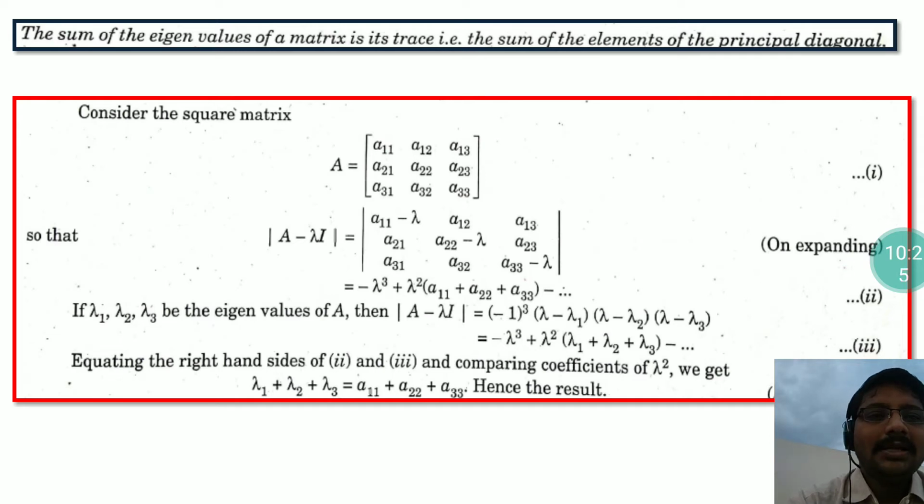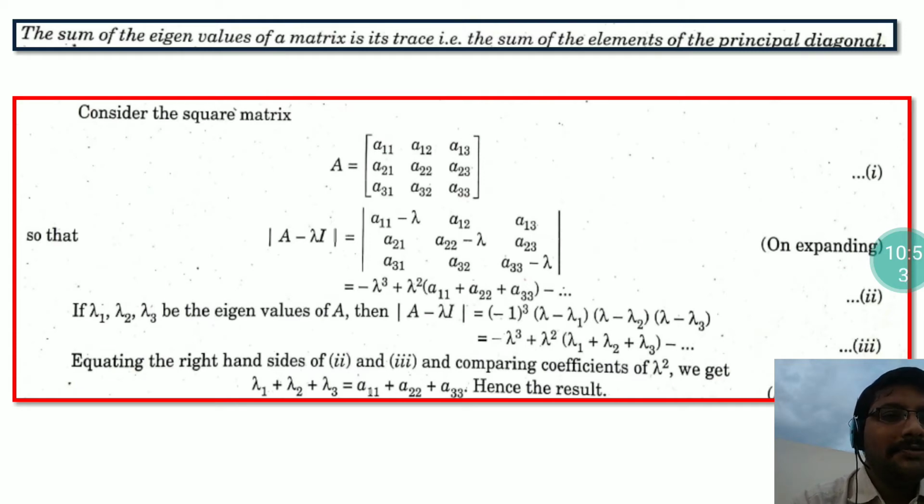Now we have to consider the determinant of A minus lambda I, which is the determinant of the characteristic matrix. The determinant is obtained by subtracting lambda from the principal diagonal elements of A, that is a11 minus lambda, a22 minus lambda, a33 minus lambda.